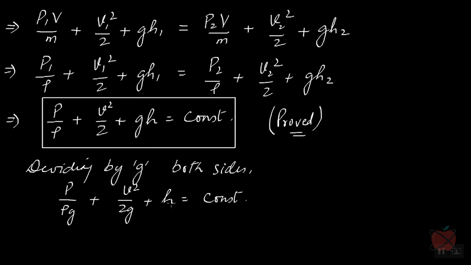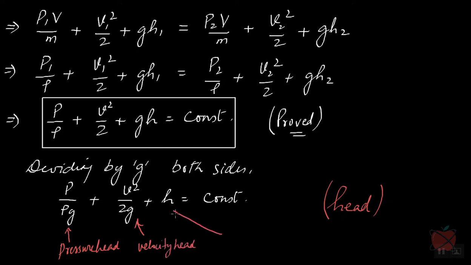Okay, so these terms on the left hand side, they all have the dimensional formula of length, right? So that is why they are given a special name, head. So this is actually the pressure head. This one is called the velocity head. And this is the gravitational head.